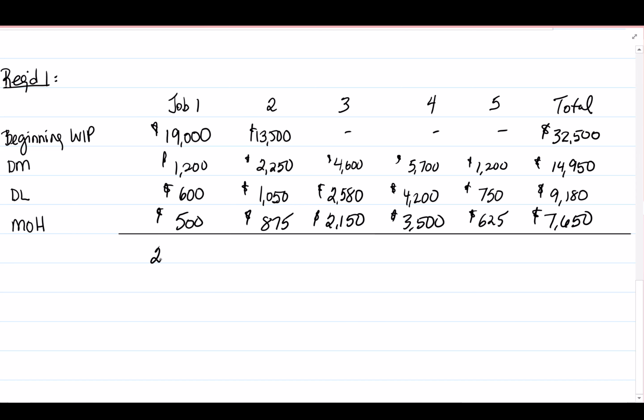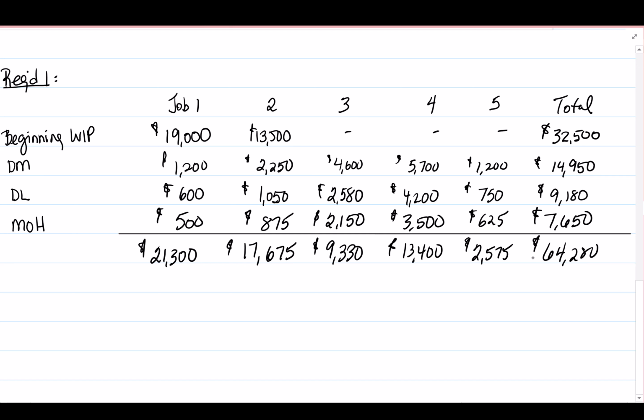So I can total them up: 21,300, 17,675, 9,330, 13,400. And again, all these jobs are different, so you would expect their total cost to be different. Could also be different in the number of units they're producing or whatever it is they're doing. But this is in essence our job cost sheet for each of our jobs.